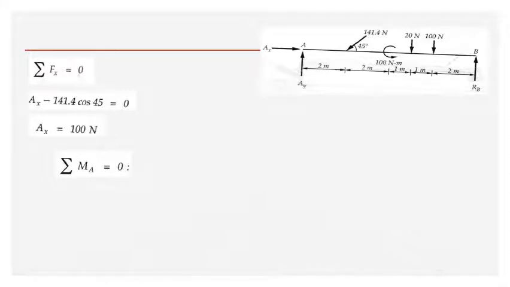Next is the 100 Newton meter. 100 Newton meter is already a moment that you must consider while applying the moment equilibrium condition. That is, while taking the moment of all the forces, you have to substitute the 100 Newton meter as it is. Don't multiply the moment again by the distance.